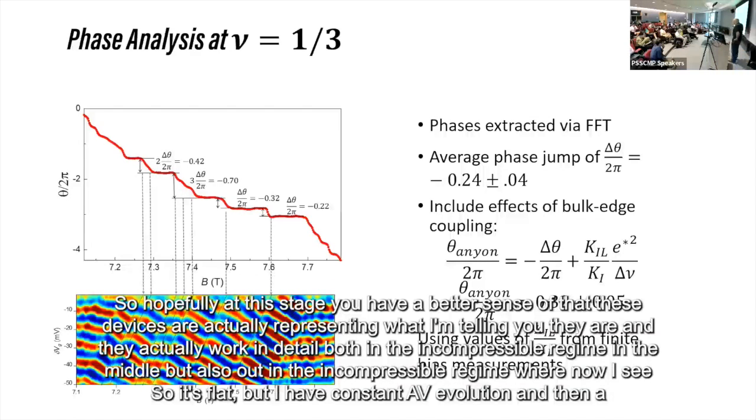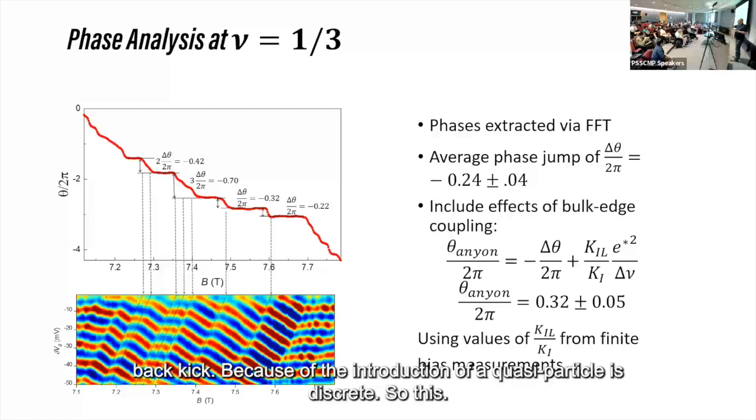So hopefully at this stage, you have a better sense that these devices are actually representing what I'm telling you they are, and they actually work in detail, both in the incompressible regime in the middle, but also out in the compressible regime, where now I see it's flat, but I have constant AB evolution and then a back kick because the introduction of a quasi-particle is discrete.